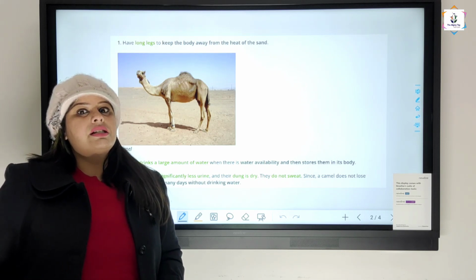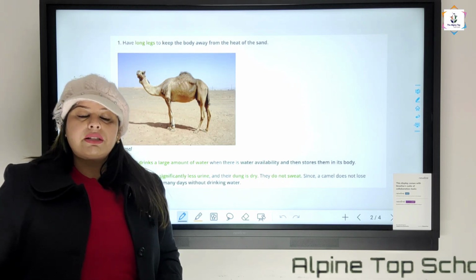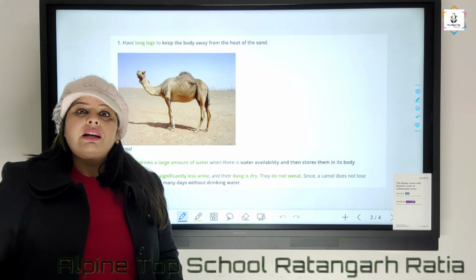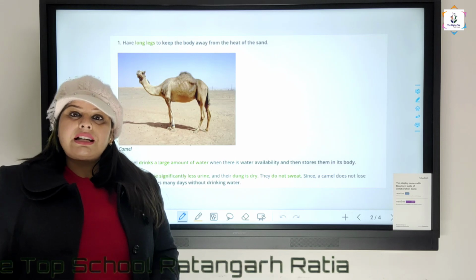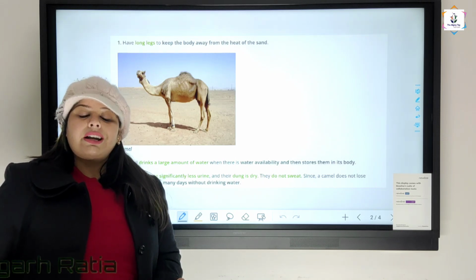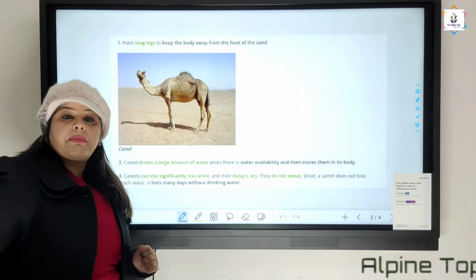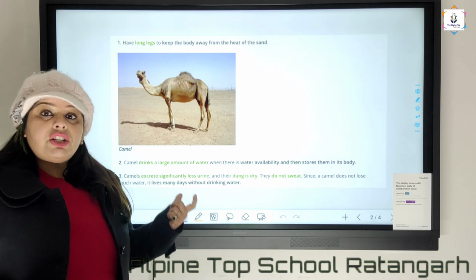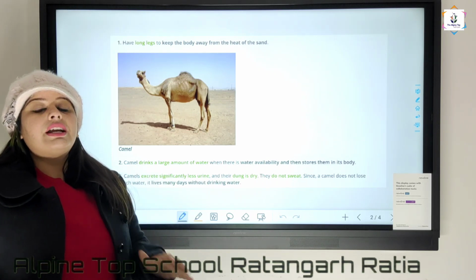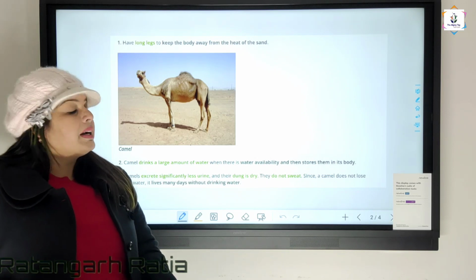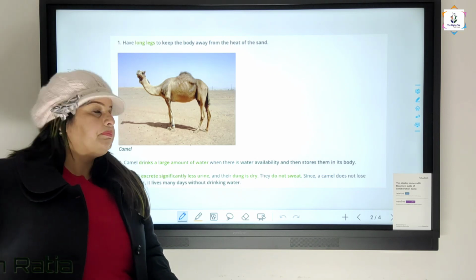Like that only, certain plants and animals develop some kind of habits and certain features so that they can adapt themselves to a particular environment. So we are going to discuss the camel now, and the certain features or habits which they have developed so that it can live in that particular desert area.